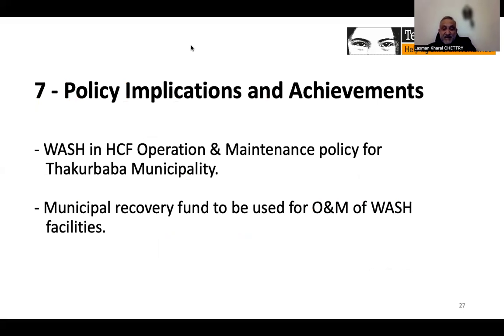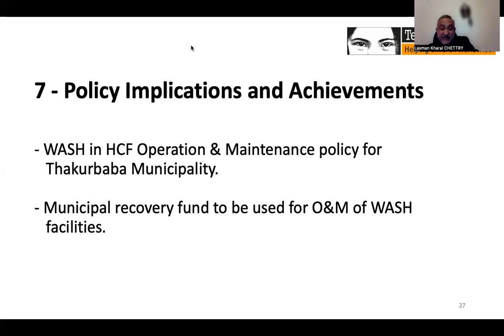So now the immediate implications of our costing exercise. Carried out alongside the development of the operation maintenance policy for its advocacy, the costing exercise with the associated assessment of coverage and functionality of WASH facilities provided the basis for the operation maintenance policy, for which it was intended. Now the Thakurbaba Municipality Operation Maintenance Policy has been approved.